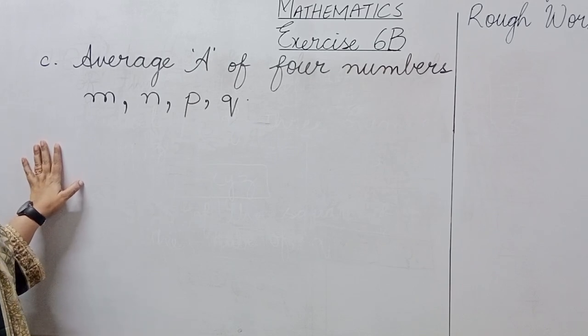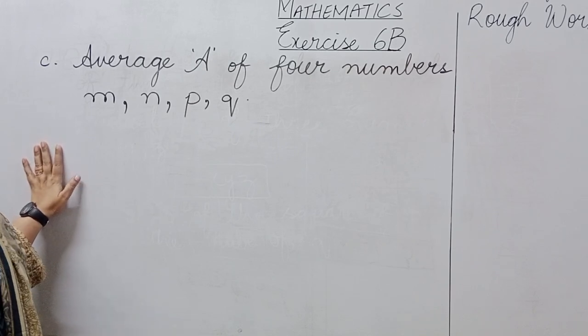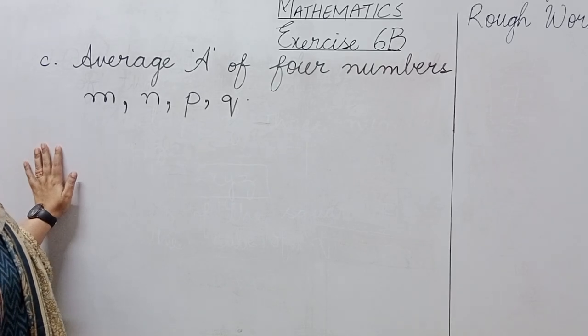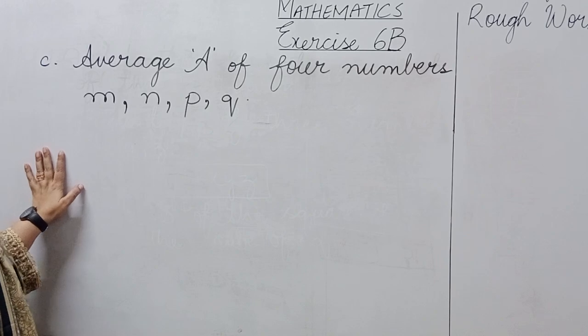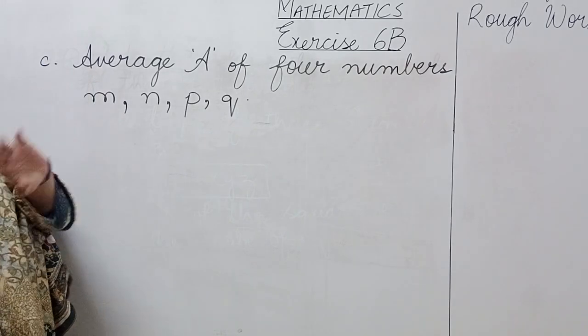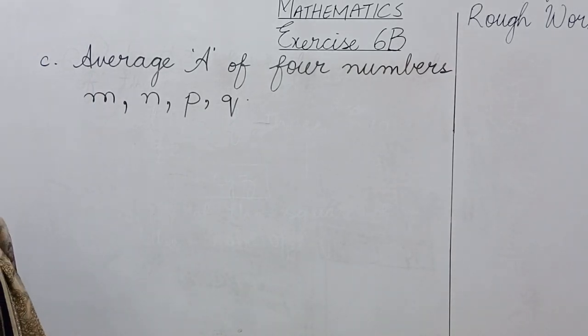Can someone tell me how you find the average marks when you get your result? How do we find the percentage? Percentage is something else. How do we find average marks? Can you tell me? I'm waiting. Yes, Ania?